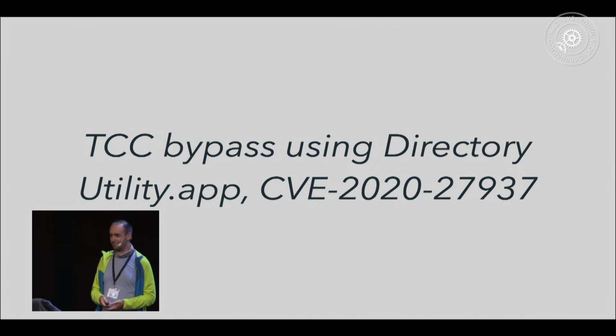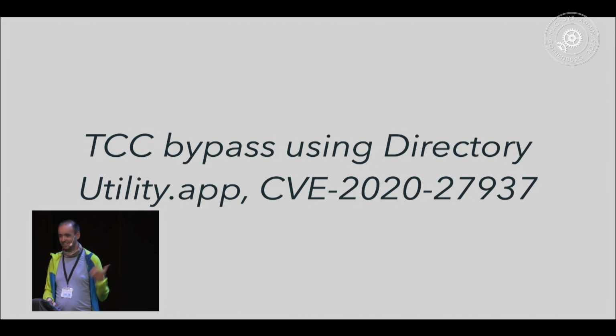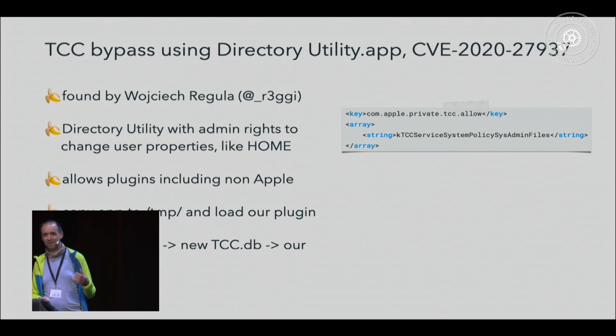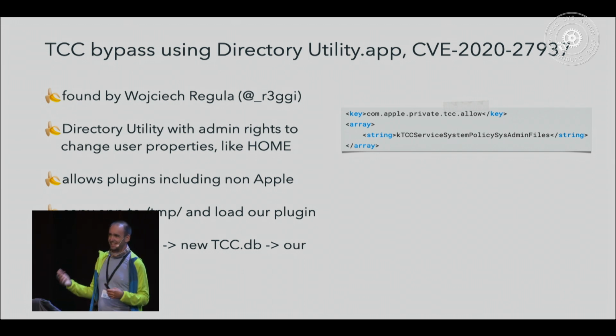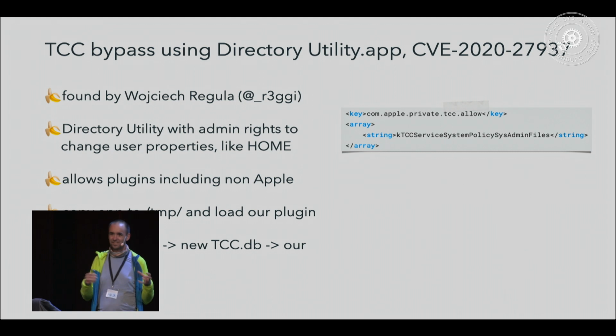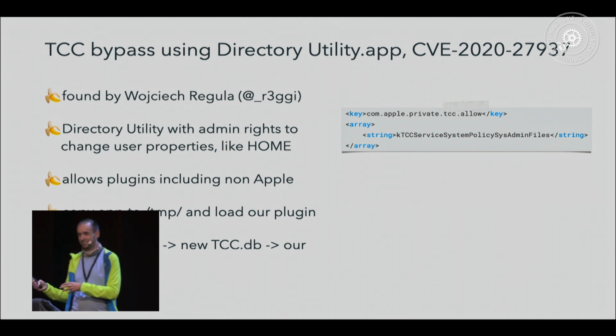Another TCC bypass using Directory Utility. This one had a CVE number. This one was found by Wojciech Regula. Basically, Directory Utility has another interesting TCC entitlement, which allows it to modify admin-related configuration on the system, which includes user properties, which includes the user's home directory.